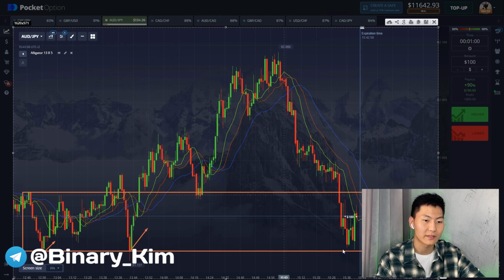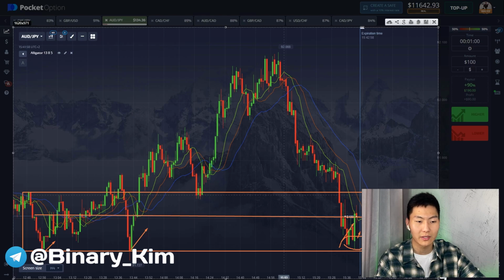In addition, the support zone also played out at this level, and the price started going up.